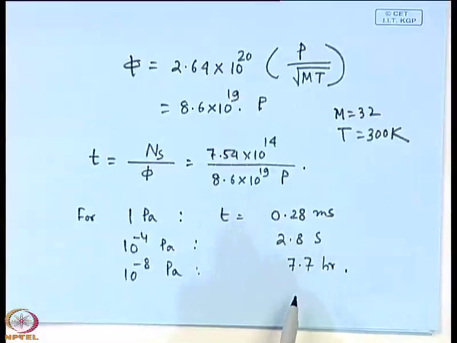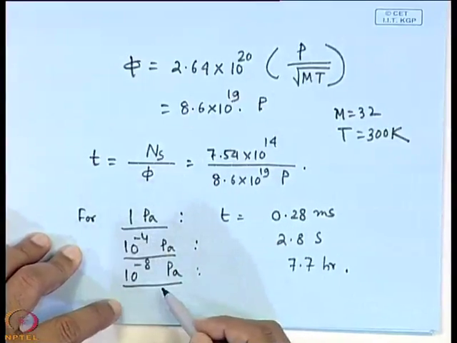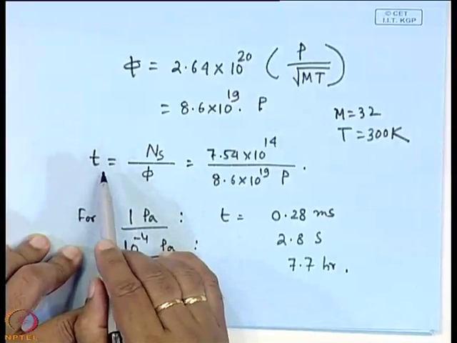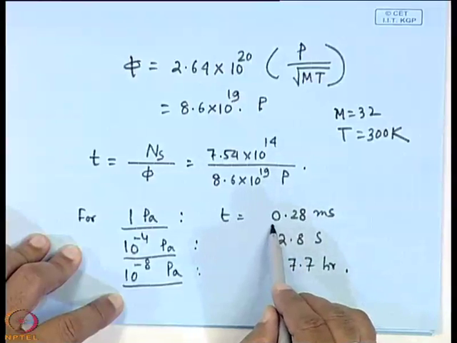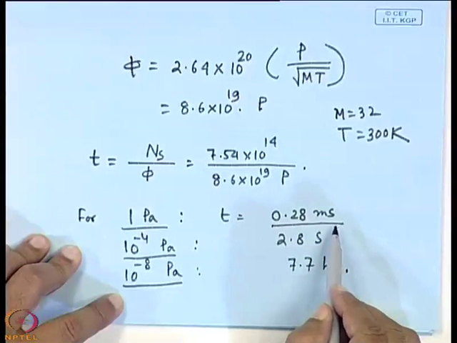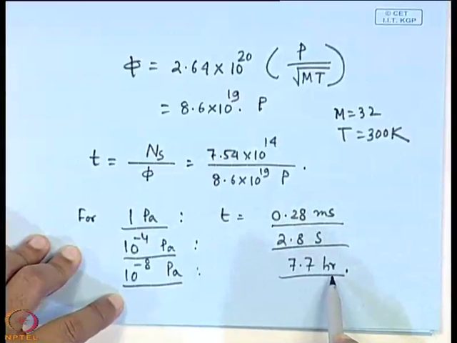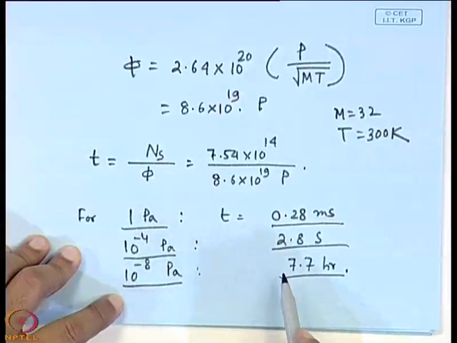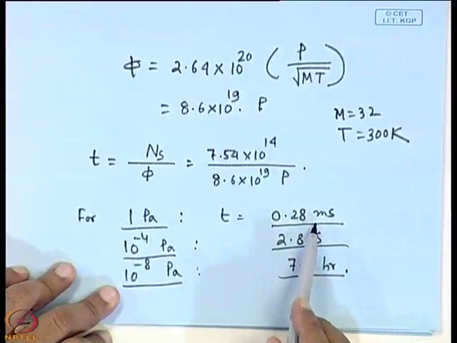So, what do we find? As the pressure decreases, since the time is inversely proportional to the pressure, the time goes up, that means from 0.28 millisecond to 7.7 hour. So, you find that the growth rate is very slow, from 0.28 millisecond to 7.7 hour.